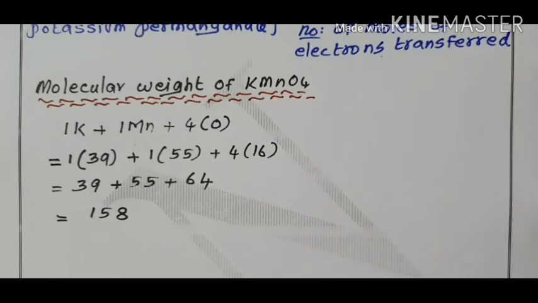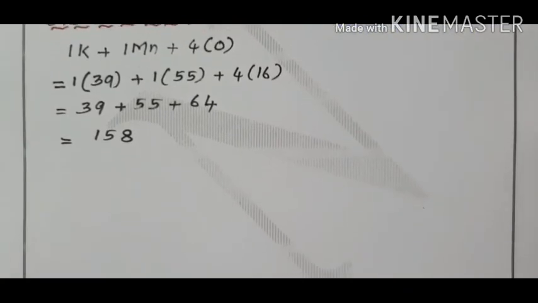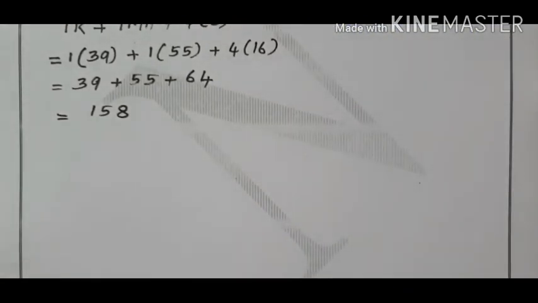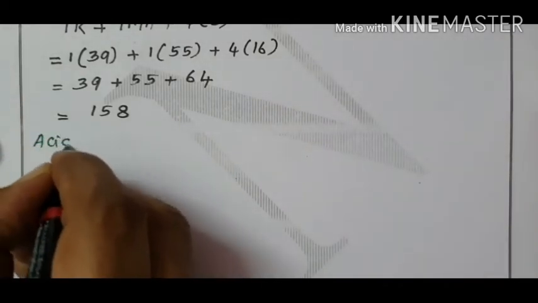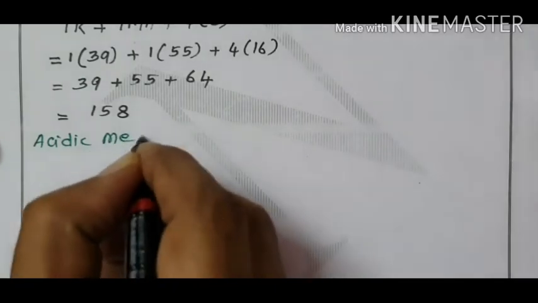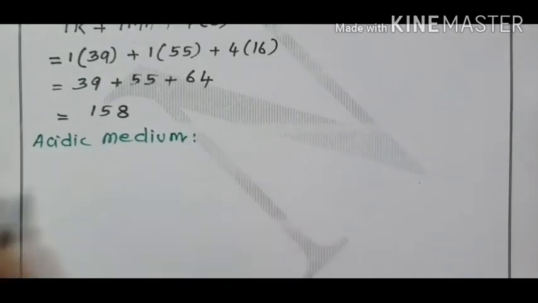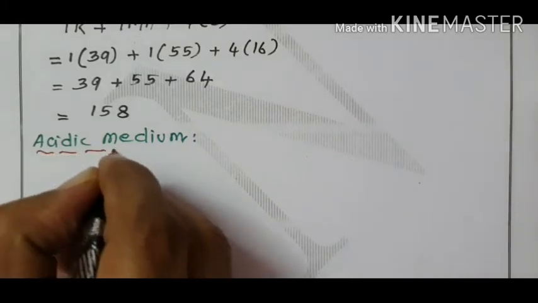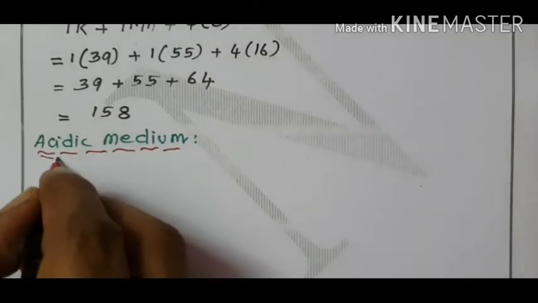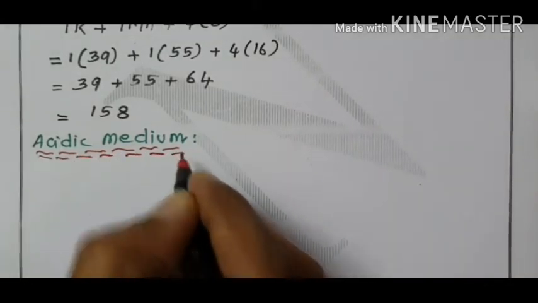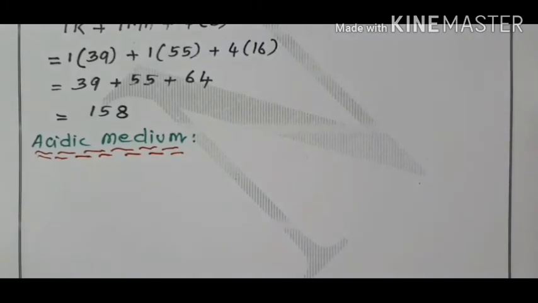Now, we are going to write the reduction reaction of KMnO4 in which medium? First, acidic medium, the presence of H plus ions. To make the medium acidic, we are using sulfuric acid. In acidic medium, how does potassium permanganate undergo reduction?